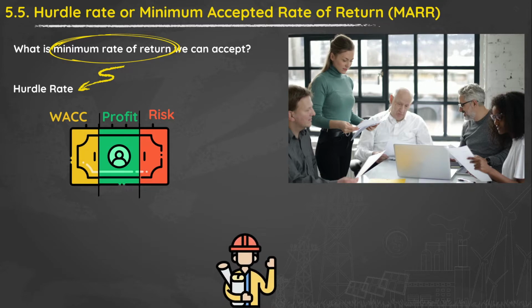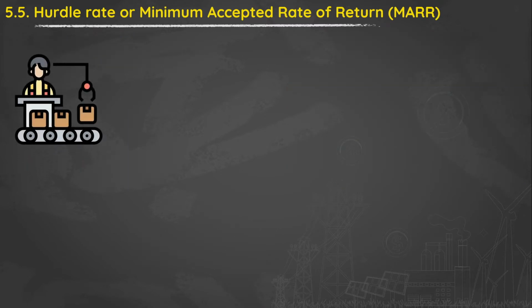And if the expected return on the proposed investment is below the hurdle rate, then this investment is not acceptable, and vice versa. And of course, logically, projects with higher risk get higher hurdle rates as a safe margin during project execution. Let's move to an example. Your business is going to buy a new machine for their assembly line, and the planning team estimated the expected increase in profit or in return due to this new machine would be 9%.